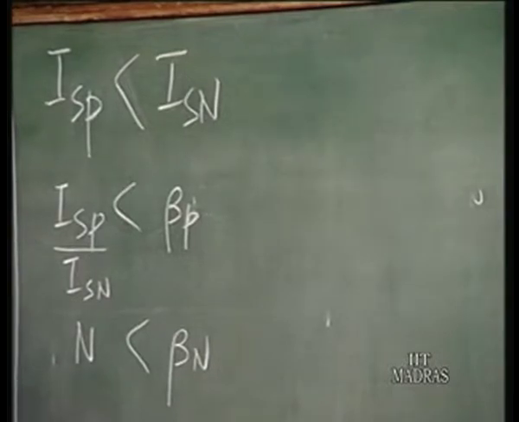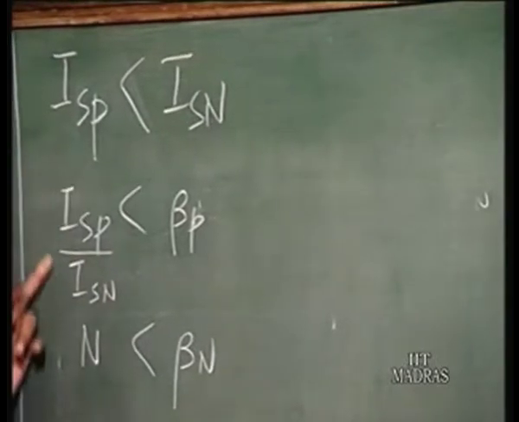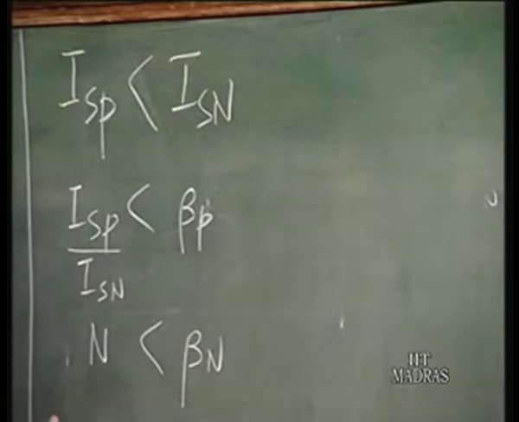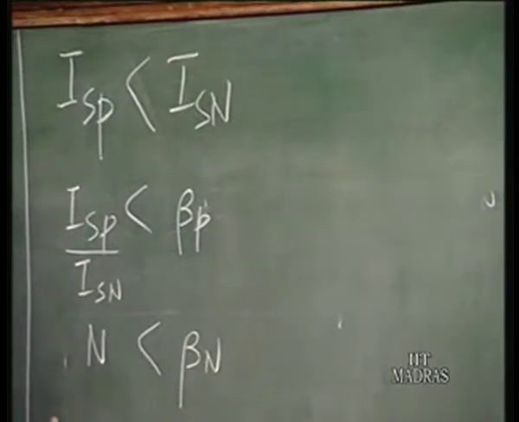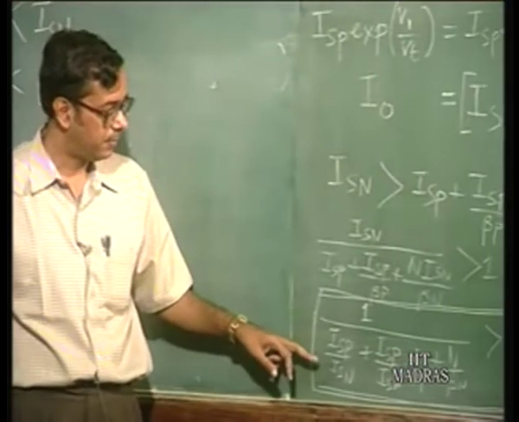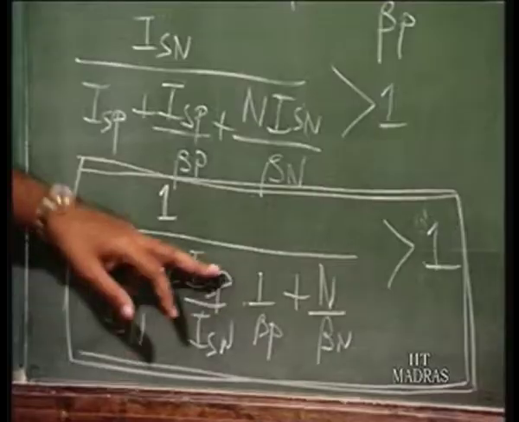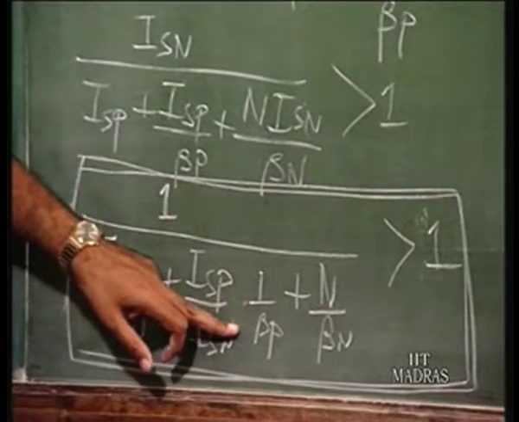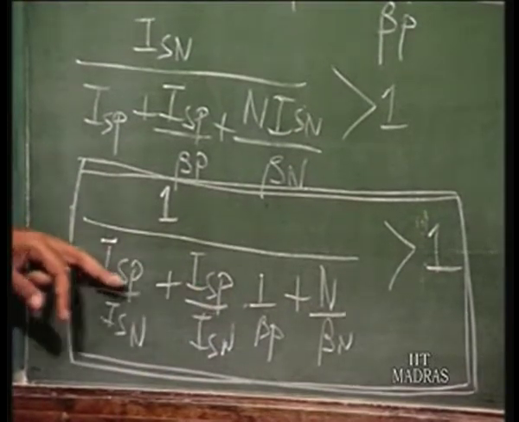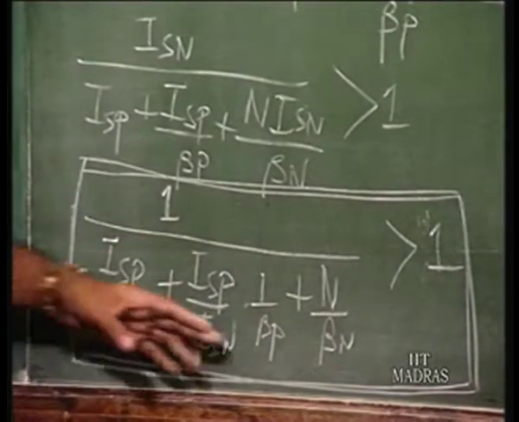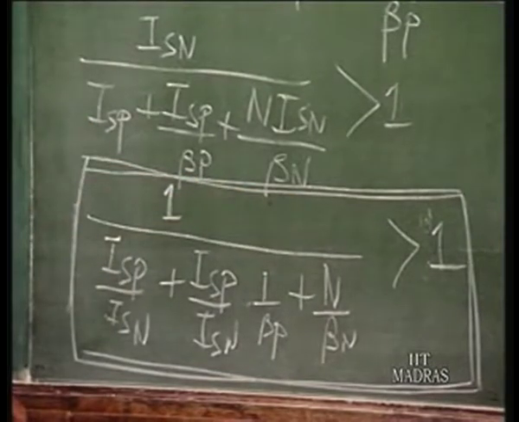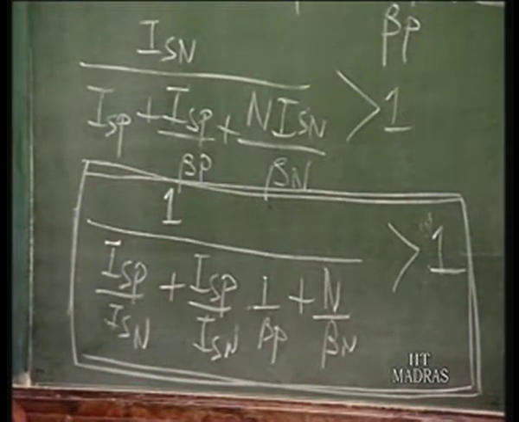But one must be careful that these are necessary conditions, but they are not sufficient. This ensures that each of these individual terms in the denominator is less than 1, but if each of these terms is less than 1, it does not mean that this is going to be greater than 1.